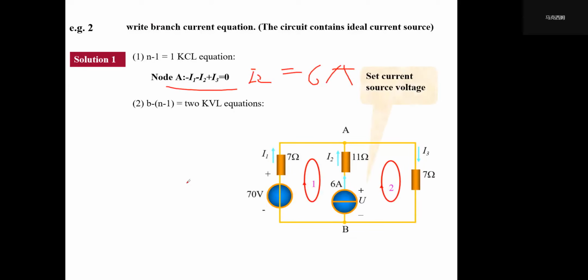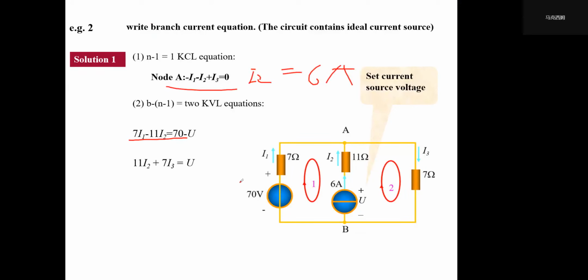And since we don't know the voltage on the current source, we just assume it to be U, and we can still write the KVL equation from the first loop, and from the second loop we have this.